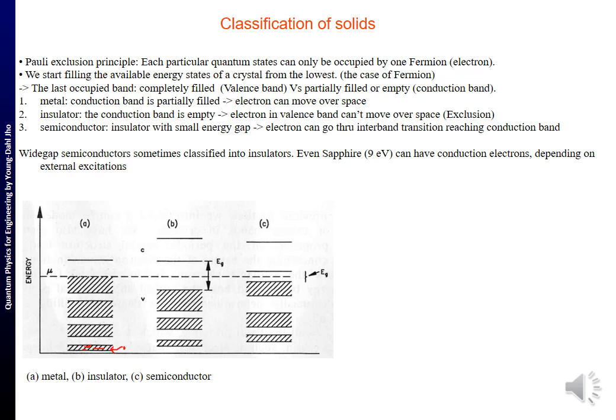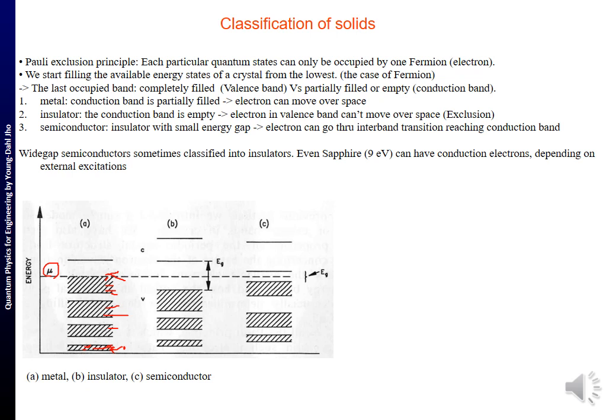Okay, and it's filled up from the lowest all the way up to this energy, the one indicated by the dashed line. Mu is the chemical potential or Fermi energy.